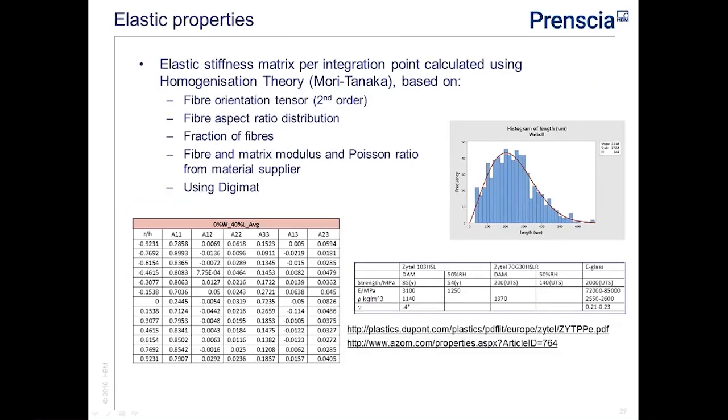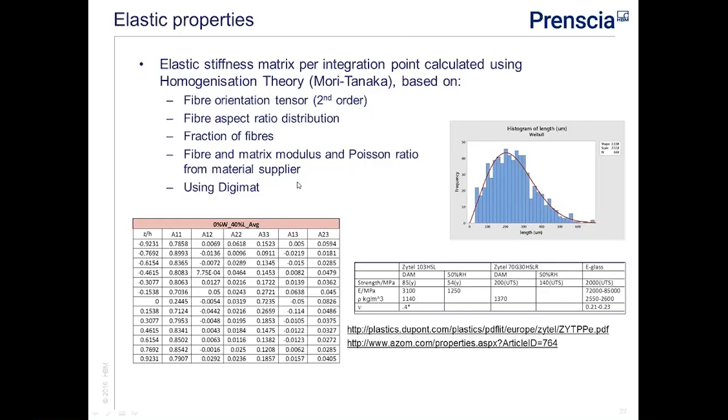So, given all that microstructure information, what I've done next is to take the microstructure information and combine that with a knowledge of the elastic modulus and Poisson ratio, both of the matrix and the fibres, taken from data sheets gathered from the internet.